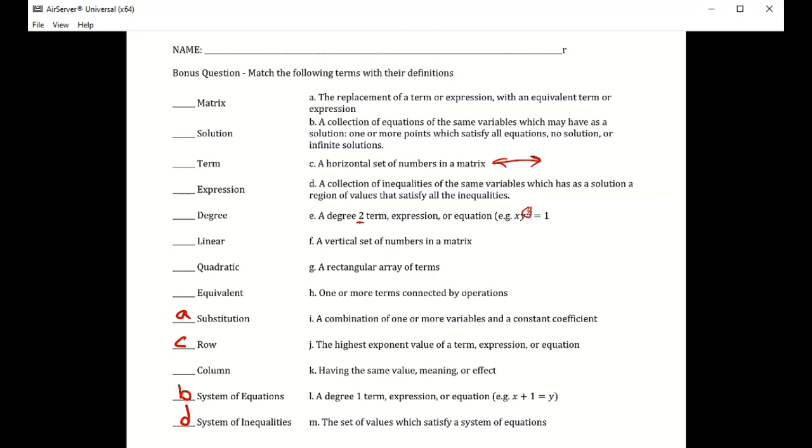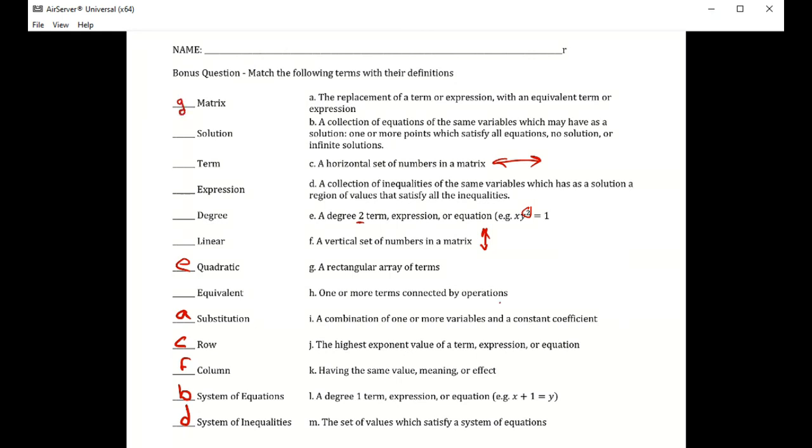That 2 tells us degree 2. So we're going to go E. When we have a degree 2, that's going to be our quadratic. Vertical set of numbers in a matrix. That's going to be our columns. A rectangular array of terms, that's going to be our matrix.